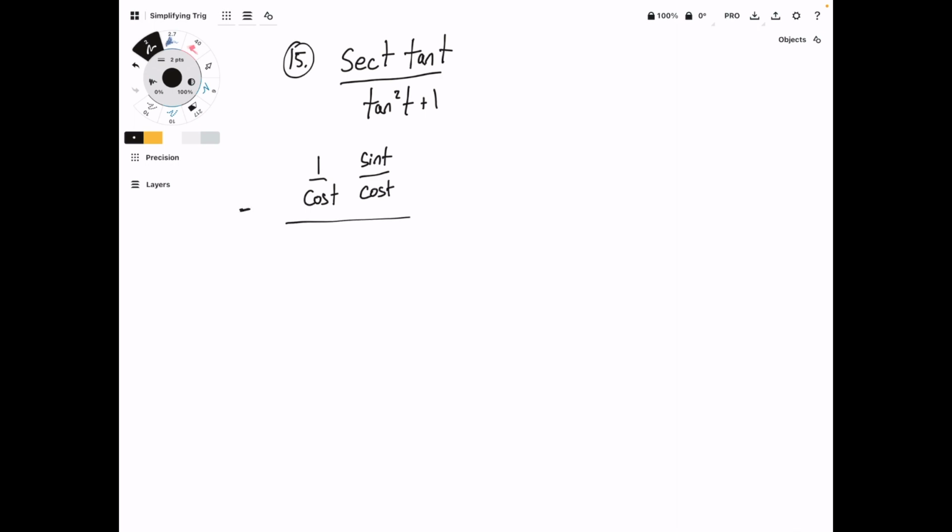On the bottom, we recognize that this is the trig identity for secant squared, so we can rewrite that as secant squared t. Now we're going to rewrite this as 1 over cosine squared t, since secant is the reciprocal of cosine. So on top, we have 1 over cosine t times sine t over cosine t. At the bottom, we have 1 over cosine squared t.